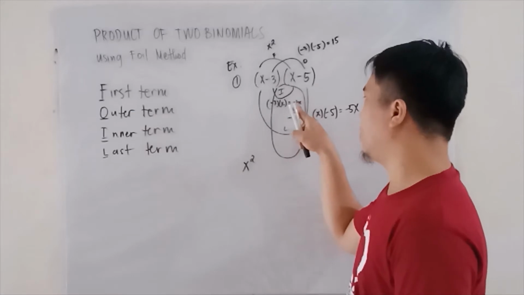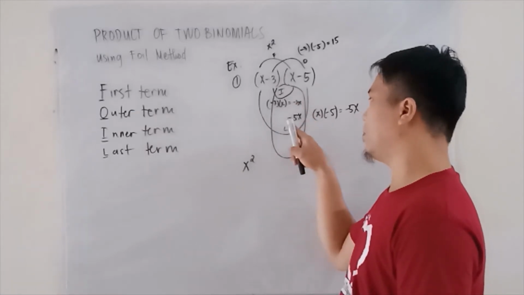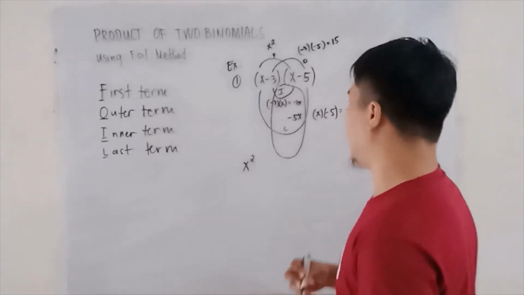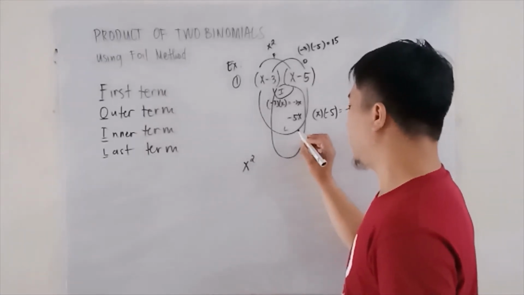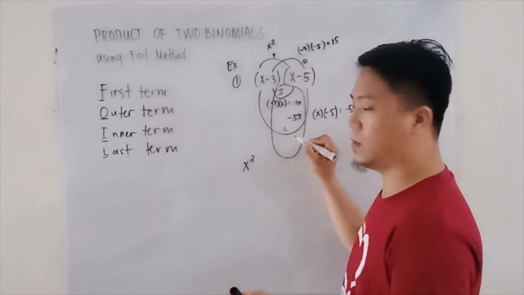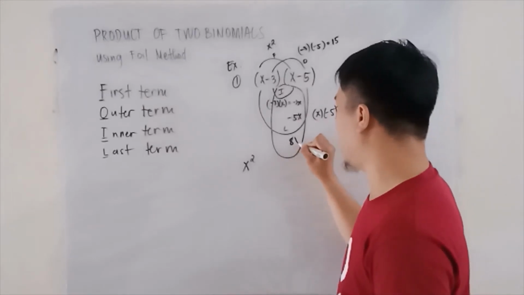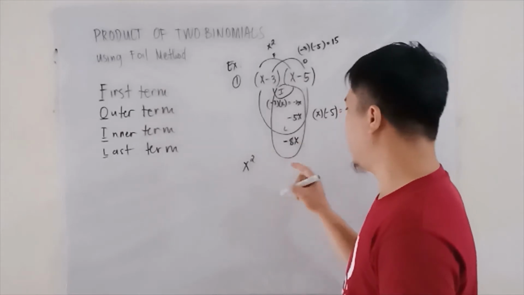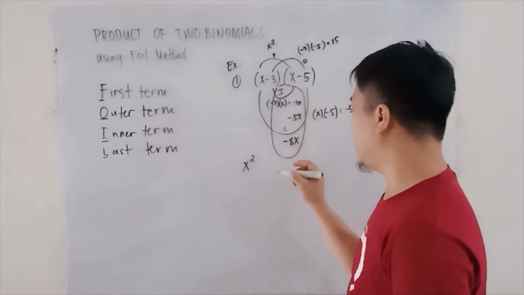So if we have negative 3x plus negative 5x, both have negative signs. So it's just the same as 3 plus 5, which is 8. Copy x and then copy the common sign, negative. So we have negative 8x.